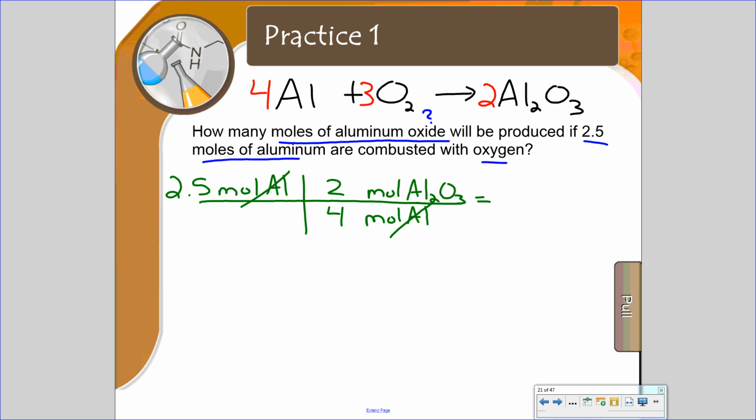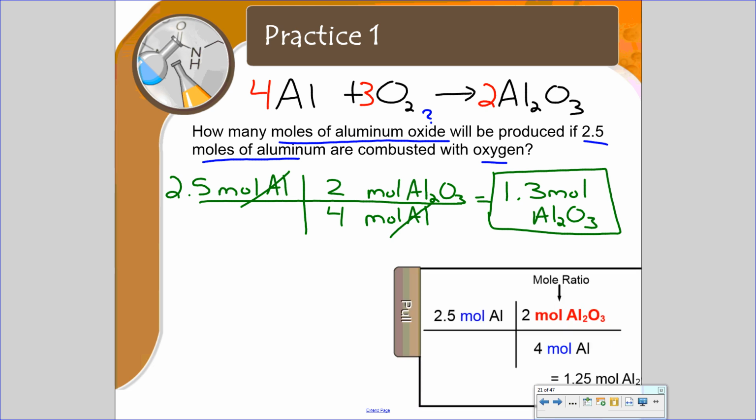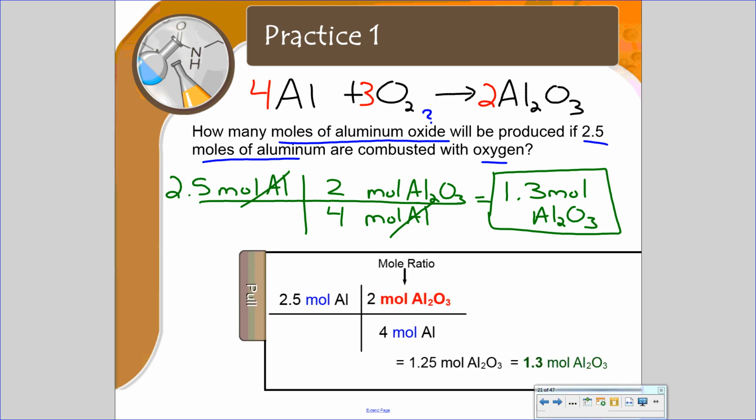So when we go to work this, we should get 1.3 moles of aluminum oxide. Notice that I did pay attention to significant digits, that I wrote the substance and the unit. Let me check and make sure I did that correctly. Yeah, so you see it all pretty there. The heart of it is the mole ratio.